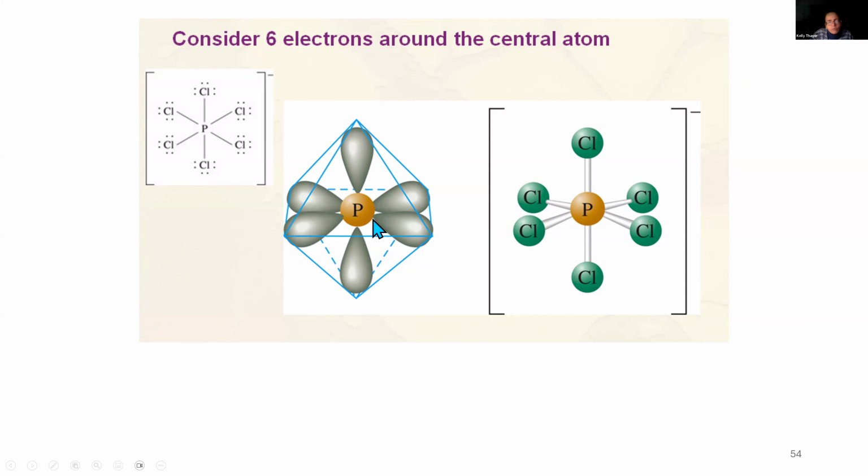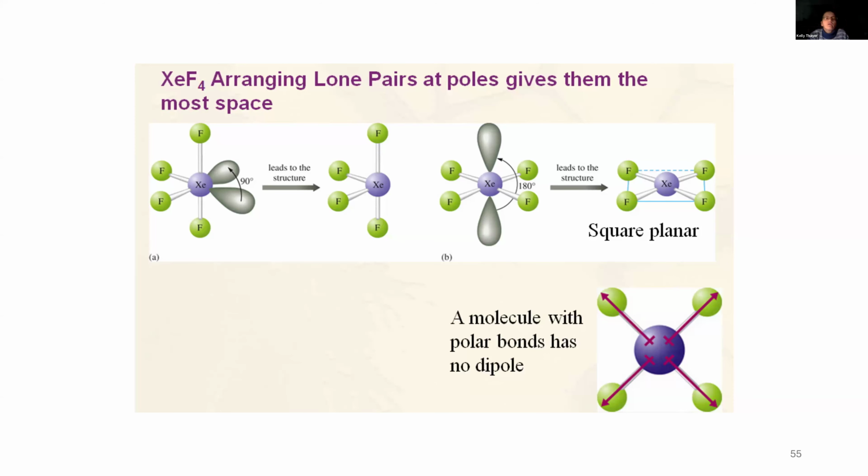So we'll have 4 lobes on the plane, and then we'll have these positions above and below, which is going to give us 6 positions. So this will be the square bipyramidal. So we're going to have a chlorine on top and another chlorine down on the bottom.